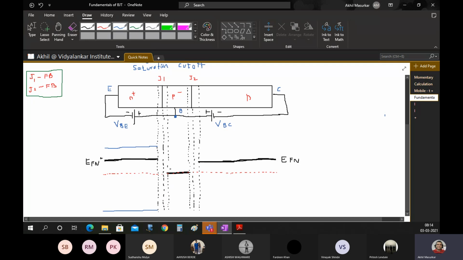This is p-type material, so valence band is close to the Fermi level and conduction band is away from the Fermi level, and here also conduction band is close to the Fermi level and valence band is away from the Fermi level. So this is my EC and this is my EV. So now I will join this in this way.